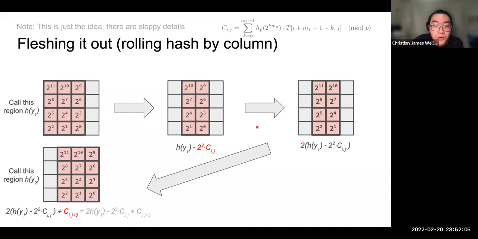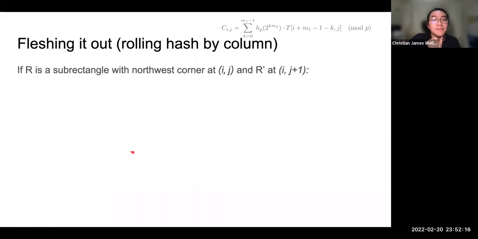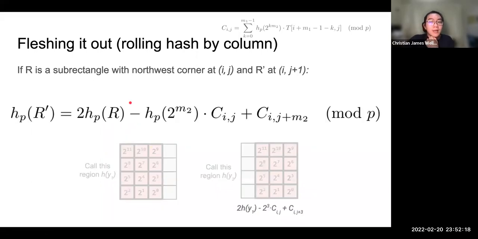All right, so follow these steps and you get the hashes. This is how you roll the hash from column to column, horizontally by column. This is the formula that we have. If R is a subrectangle with the northwest corner at Ij, to get the hash at Ij plus 1, you just follow this formula.